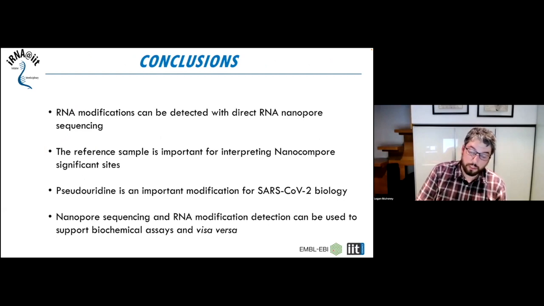The reference sample is really important for how to interpret the Nanocompore significant sites. And then pseudouridine is an important modification for SARS-CoV-2 biology. And this interplay between using direct RNA sequencing and modification detection with biochemical assays can support each other to learn biological phenomena.